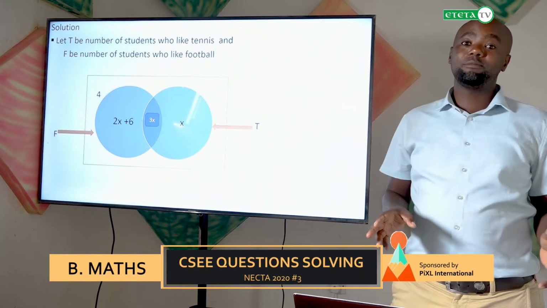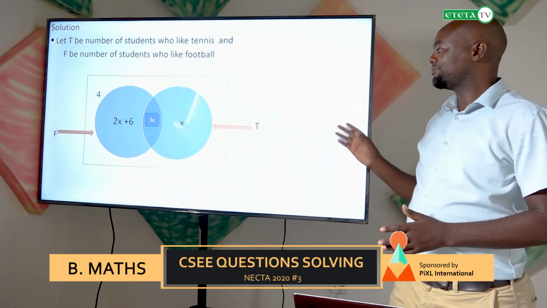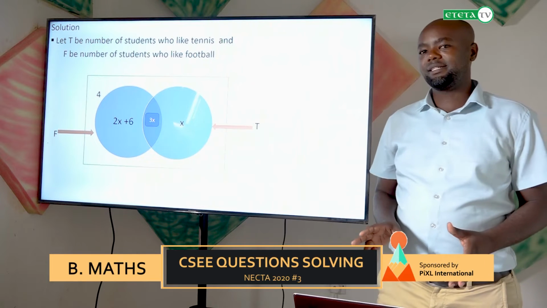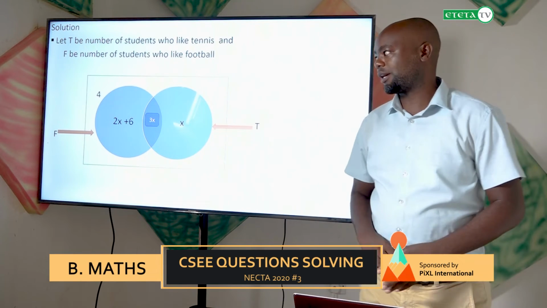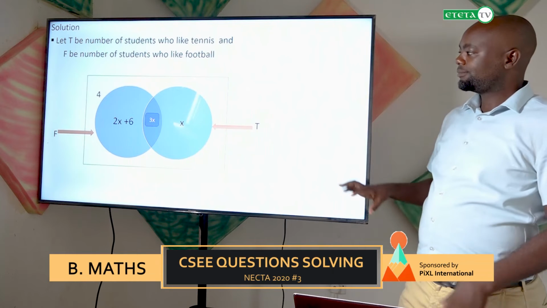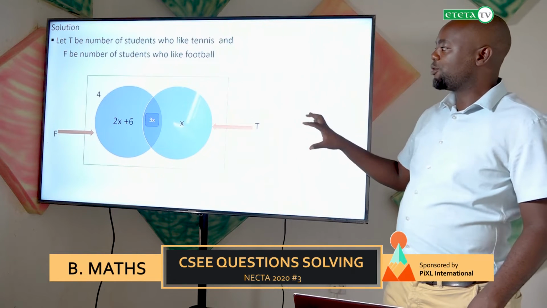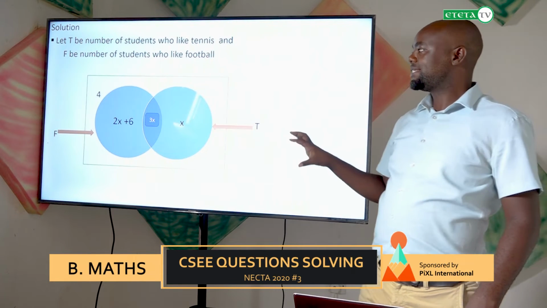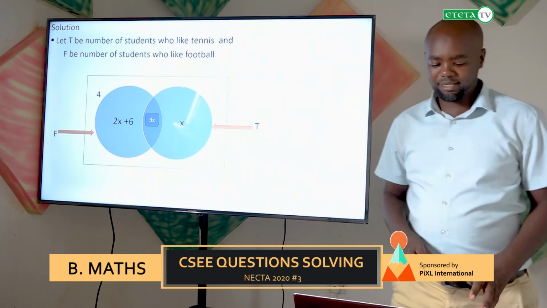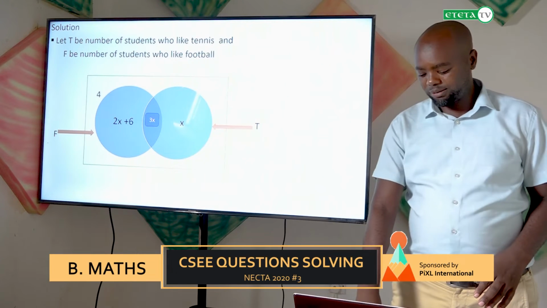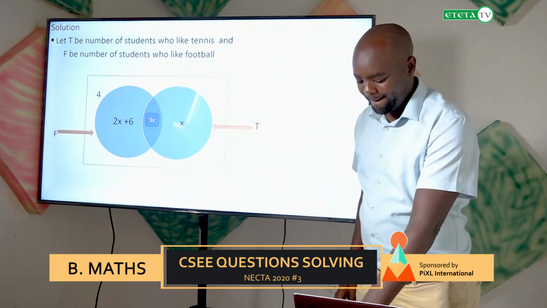So we know that there are some students who like neither football nor tennis. That's why we put 4 outside of those two circles. So that is how you can present the information by using a Venn diagram. That is the question you are supposed to answer in part A.